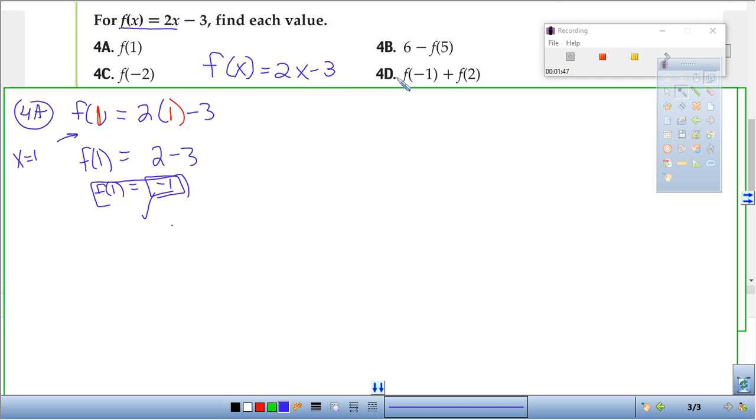Let's try this one over here, 4b. Try 4b, guys, all on your own. Okay, so you see this real quick? 6 minus.